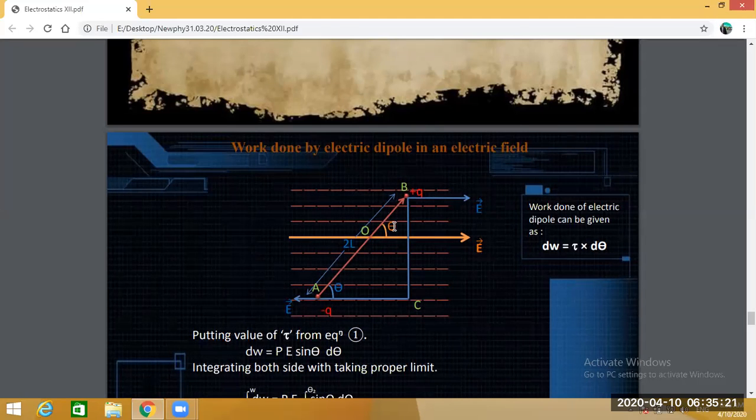So if we displace this dipole through a small angle d theta, then we have to do work against the electric field, and that work done will be stored as electrical energy in the electric dipole.